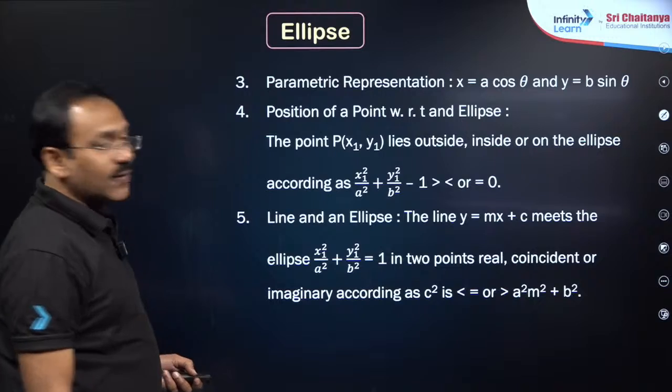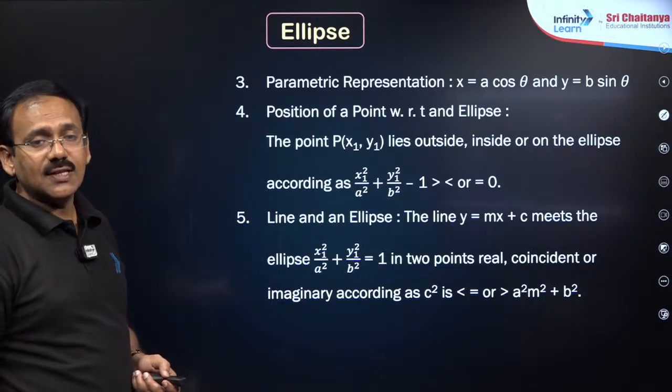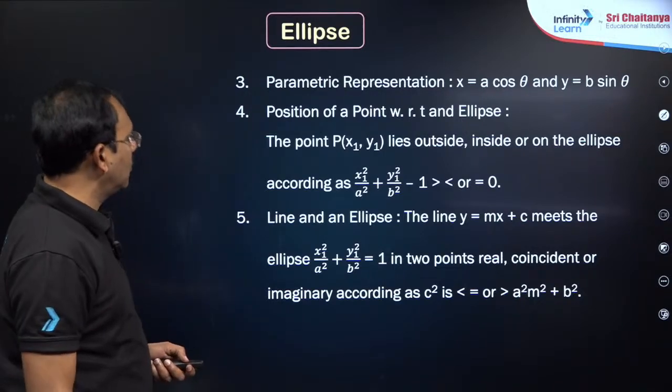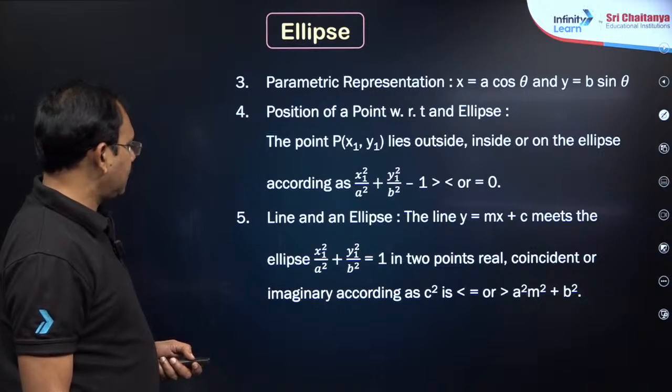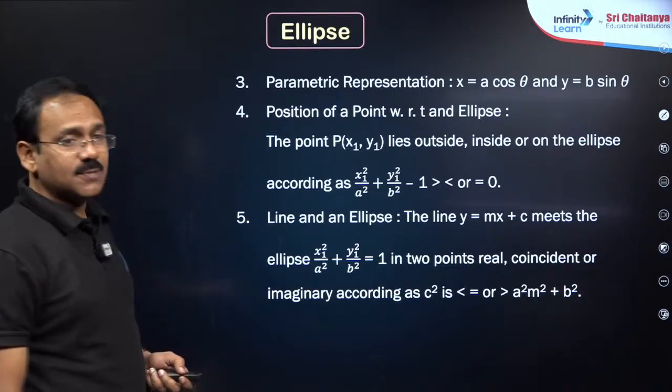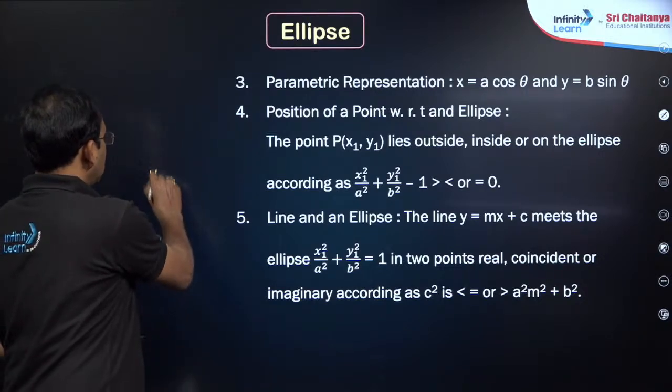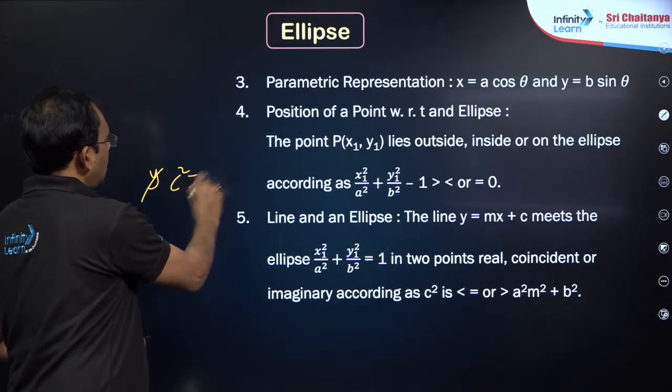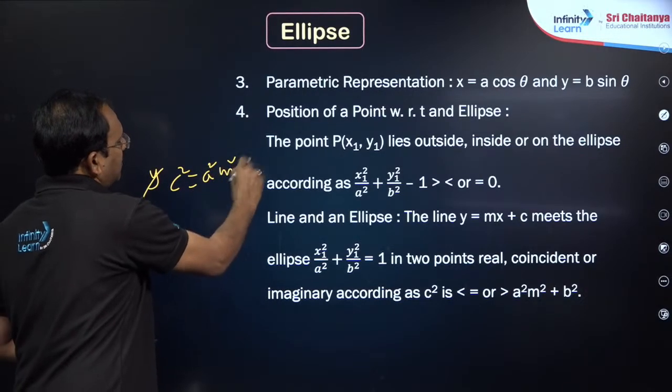If a point is given on it, the tangent equation is S1 equal to 0, and if y is equal to mx plus c is the tangent, the condition is c square is equal to a square m square plus b square.